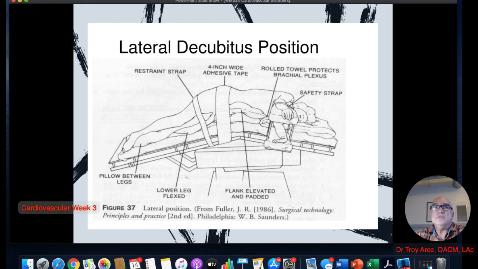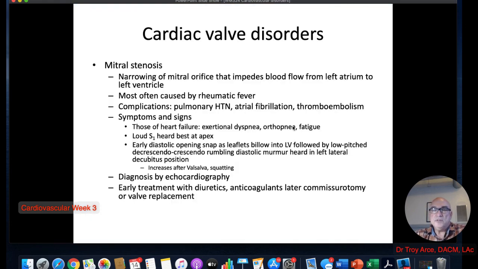I've seen at different clinics in Berkeley they use these types of tables for acupuncture, and some of the community clinics put a bunch of pillows for folks. Just makes them feel better, especially with the flank elevated and the pillow between the legs. But we didn't strap them down or anything like that. But yeah, it's left lateral.